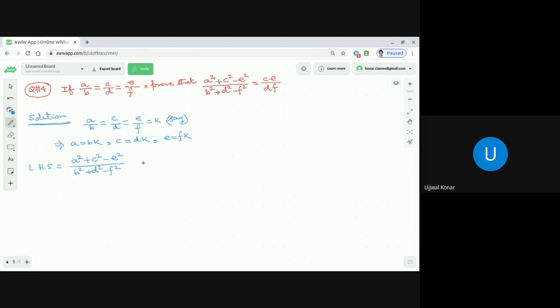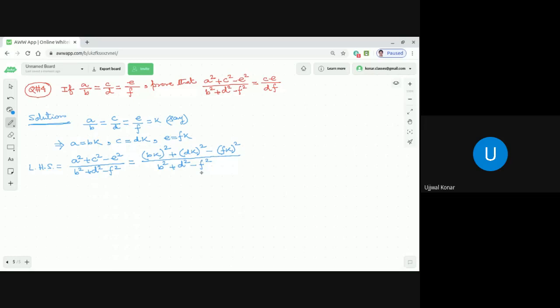Now let's apply the value of A. In the numerator, A, C and E we should express in terms of B, D and F, because the denominator also has B, D and F. So instead of A we write BK whole square, plus instead of C we write DK whole square, and instead of E we write FK whole square, divided by B square plus D square minus F square.